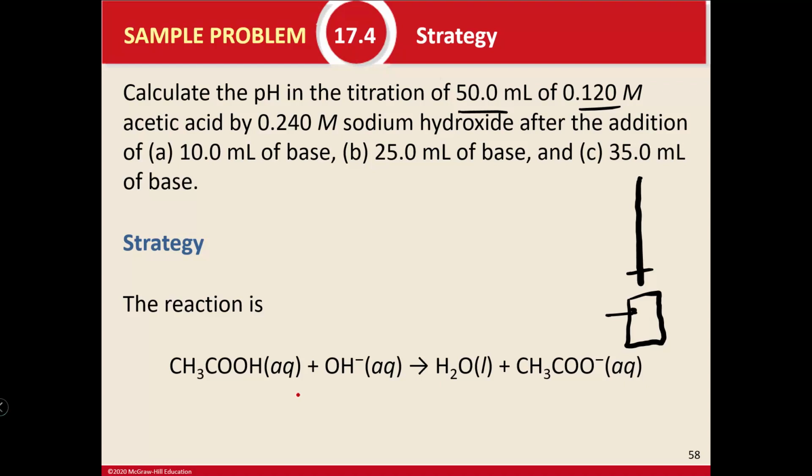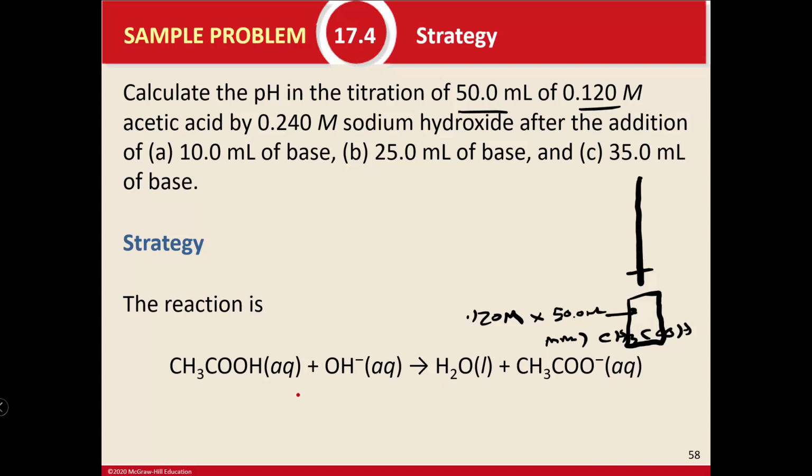So it's 0.12 molar times 50 milliliters. And that's going to tell me how many millimoles of acetic acid is in my container initially. And I know initially the volume's 50 milliliters, so I can solve this with an ICE table and figure out what the concentration of the hydronium ion is and calculate what the pH is.